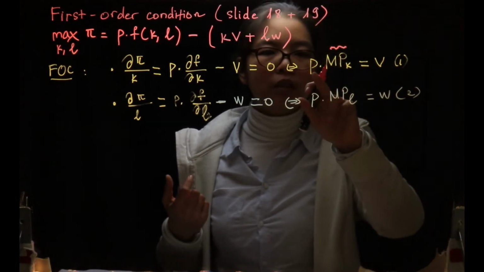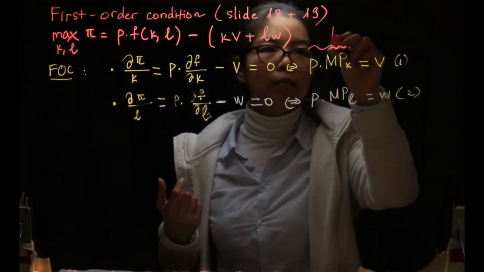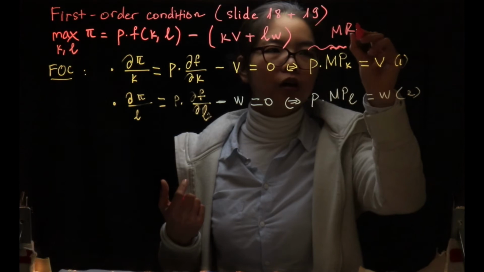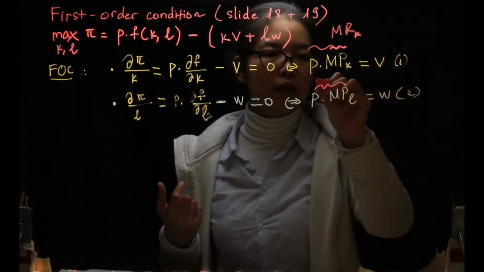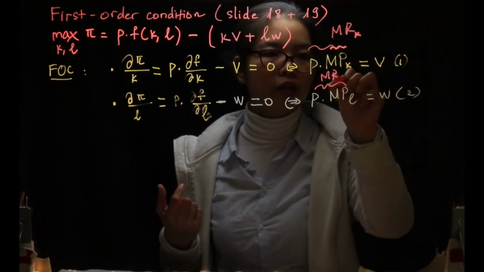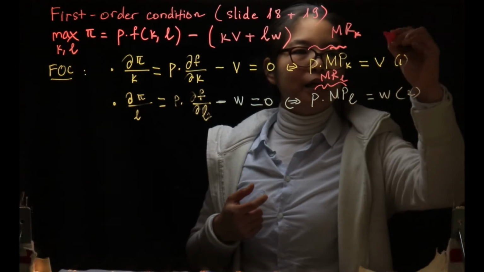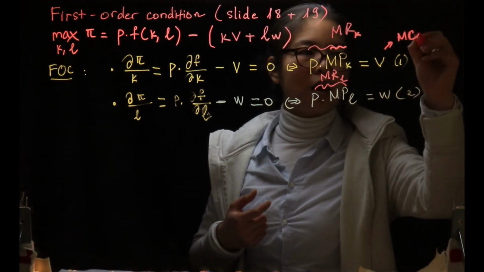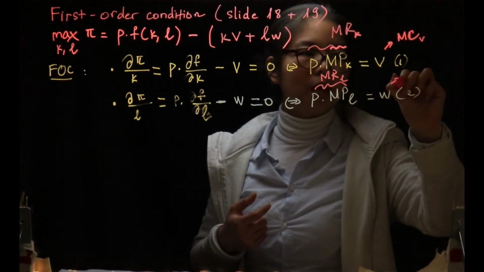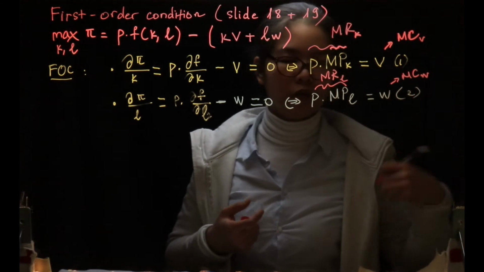And when you multiply by the market price of the output, it is actually the marginal revenue of K. And here similarly you have the marginal revenue of L. And here is the marginal cost of V and the marginal cost of W. Why?